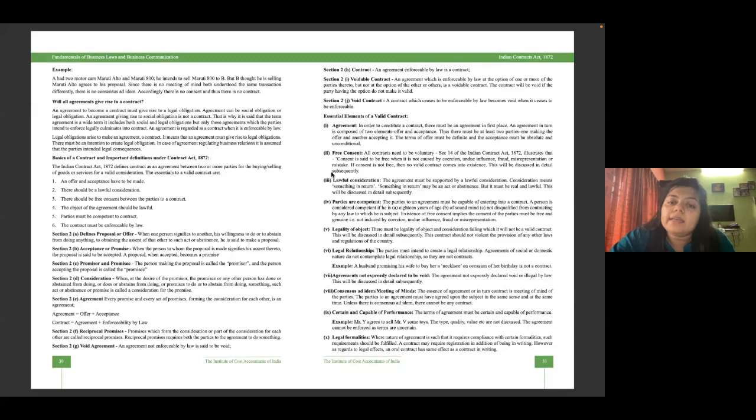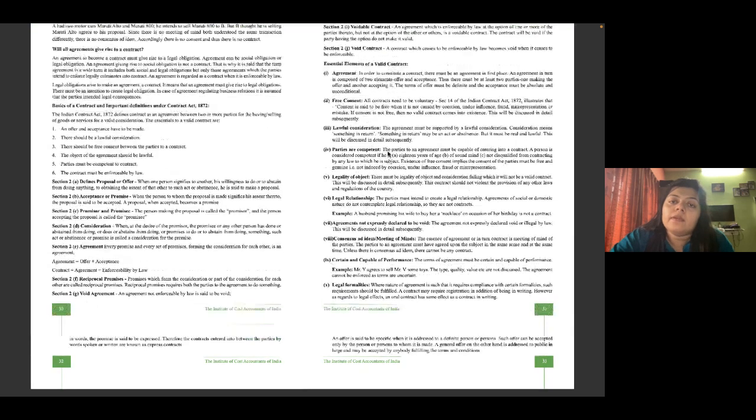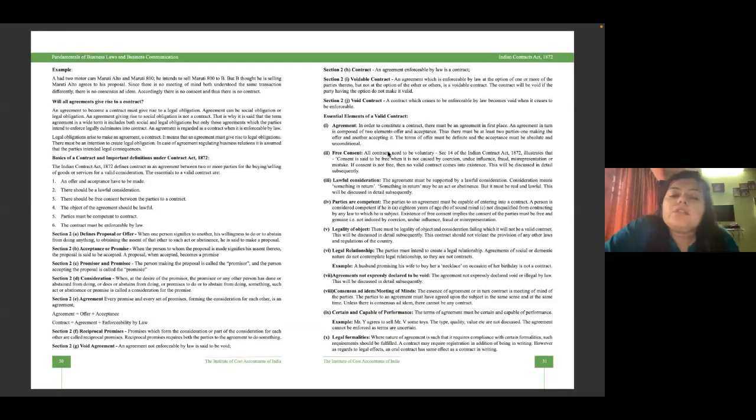Essential elements of a valid contract. The first is an agreement, the second is free consent, the third is lawful consideration, the fourth is that parties are competent, the fifth is the legality of the object, the sixth is legal relationship, the seventh is agreements which were not expressly declared to be void.